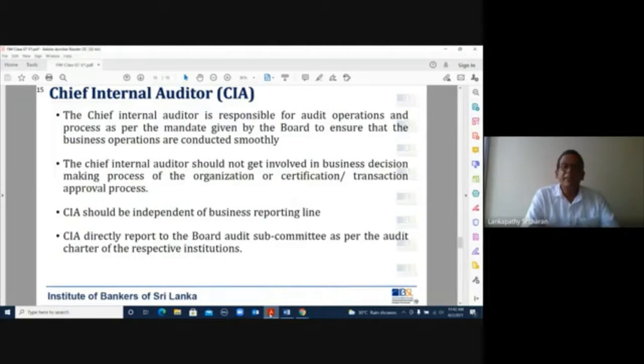The CAA should be independent of the business reporting line, and the CAA reports directly to the board audit subcommittee as per the audit charter. So this is also similar to the CRO function. Similar principles are applicable for the CAA also.